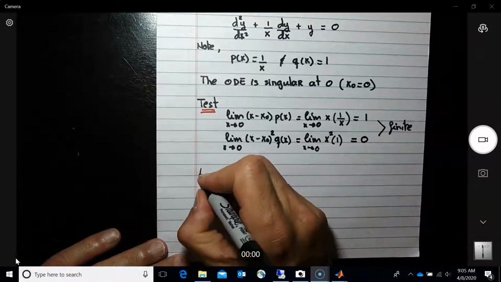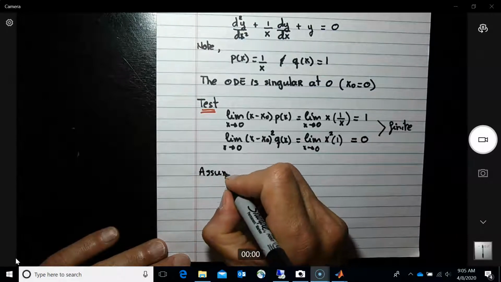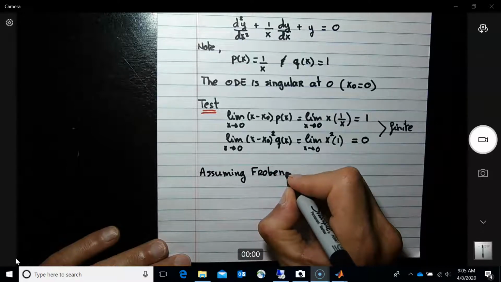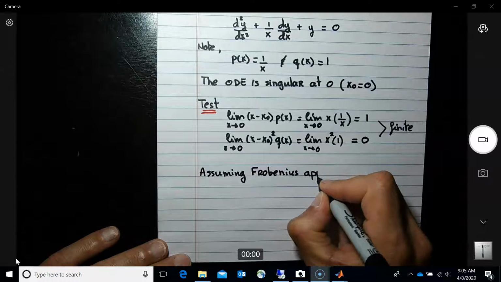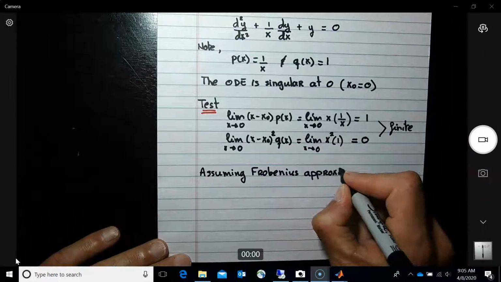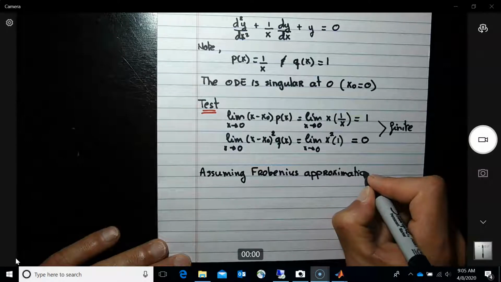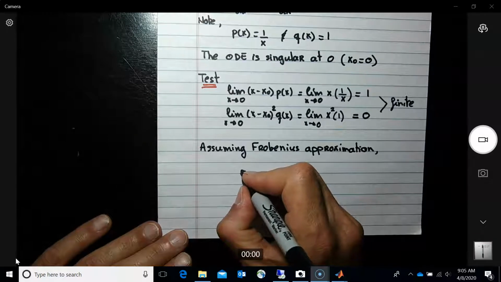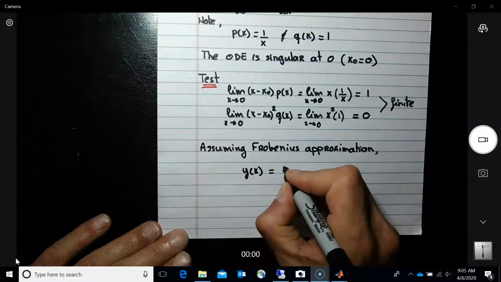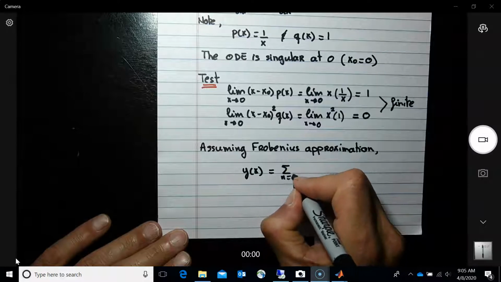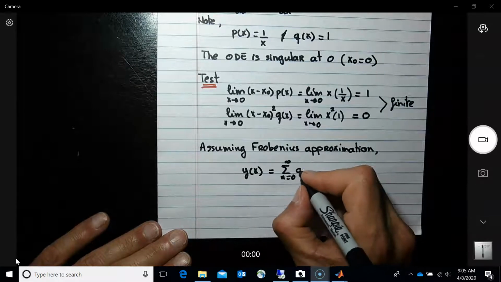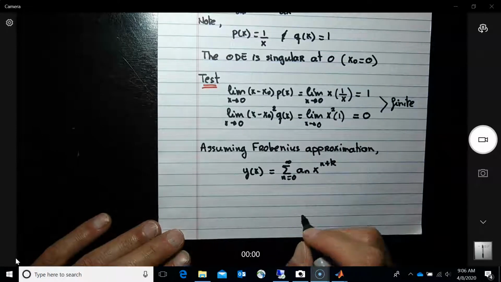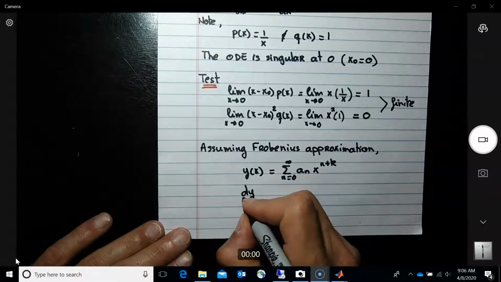So assuming the Frobenius approximation, which is y of x equal to the summation from n equal to 0 to infinity of a sub n x to the n plus k. And as previously, we need to take the first derivative.